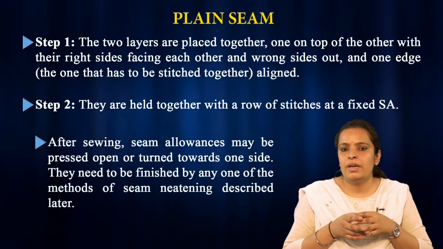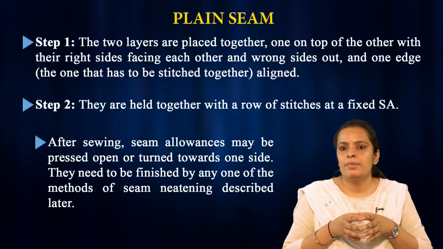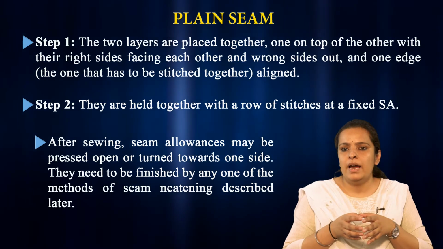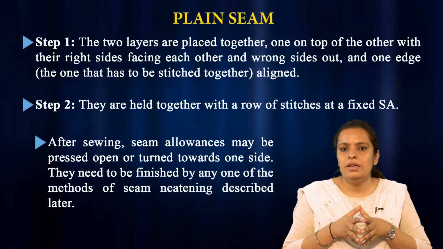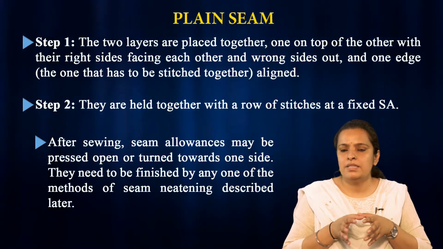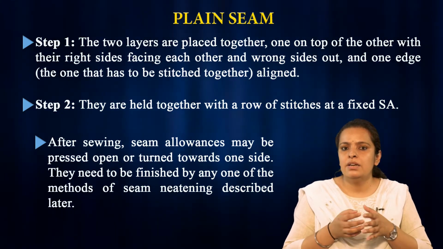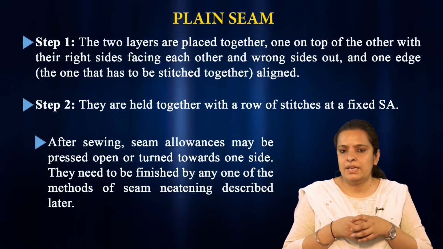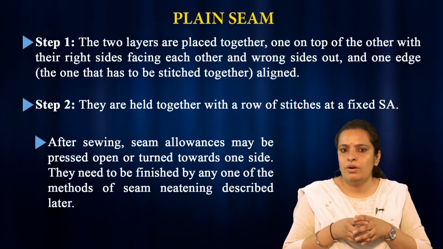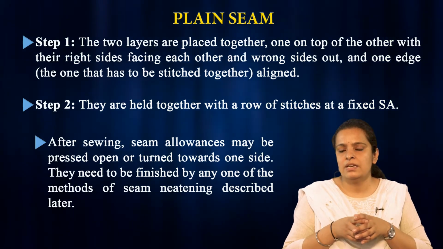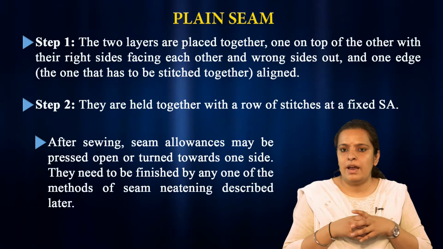Then after sewing, the seam allowance may be pressed open or turned towards one side. They need to be finished by any one of the seam neatening methods, which we will describe later.